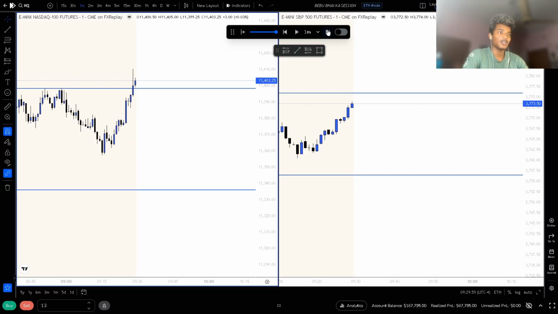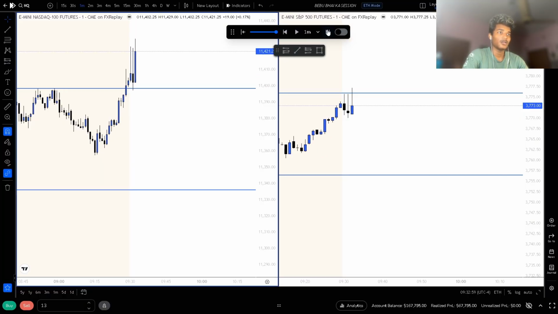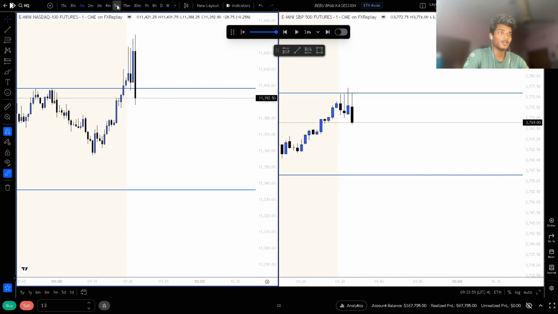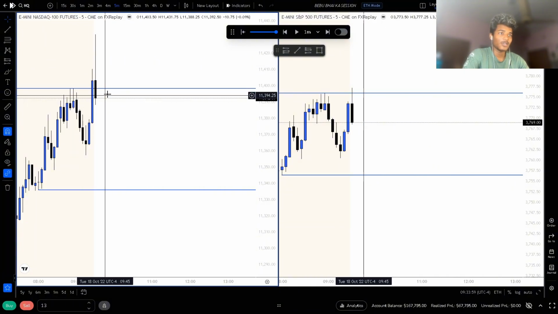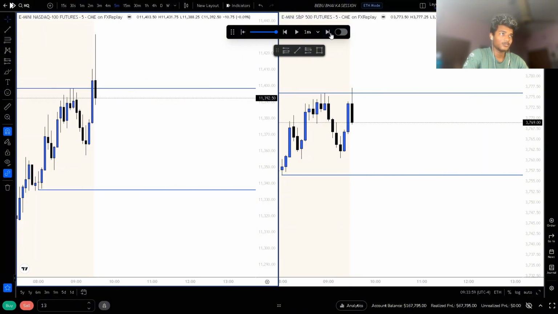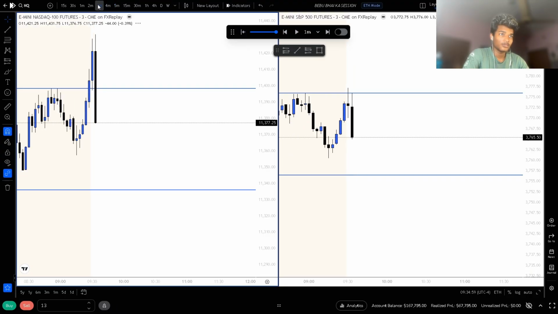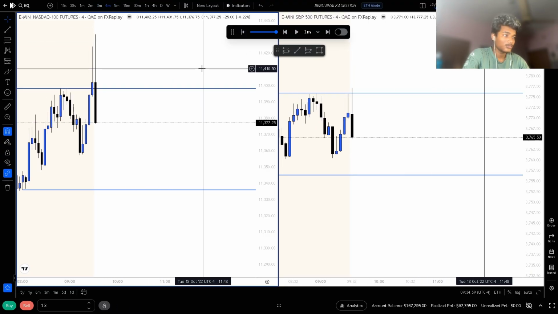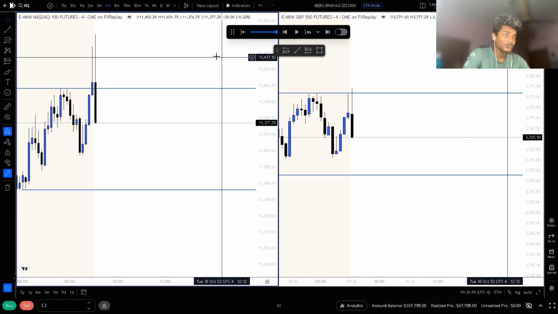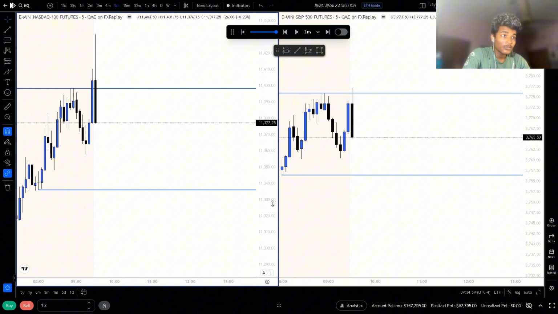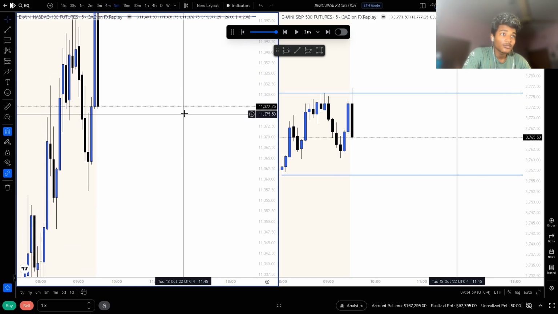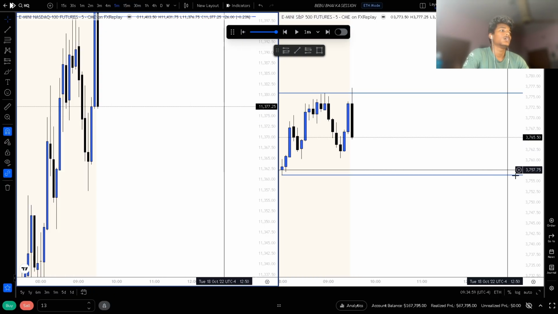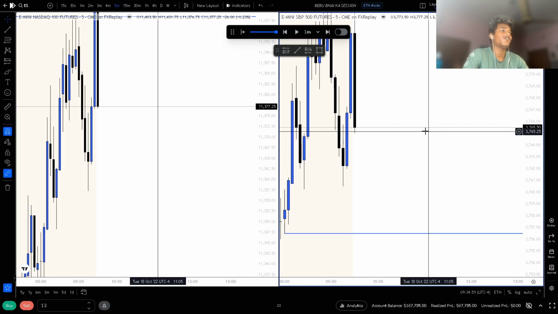So market open is here and market manipulated up higher. I want to see rejection here, and if market inverses 5-minute, I will be in. We still have this tiny 5-minute gap.